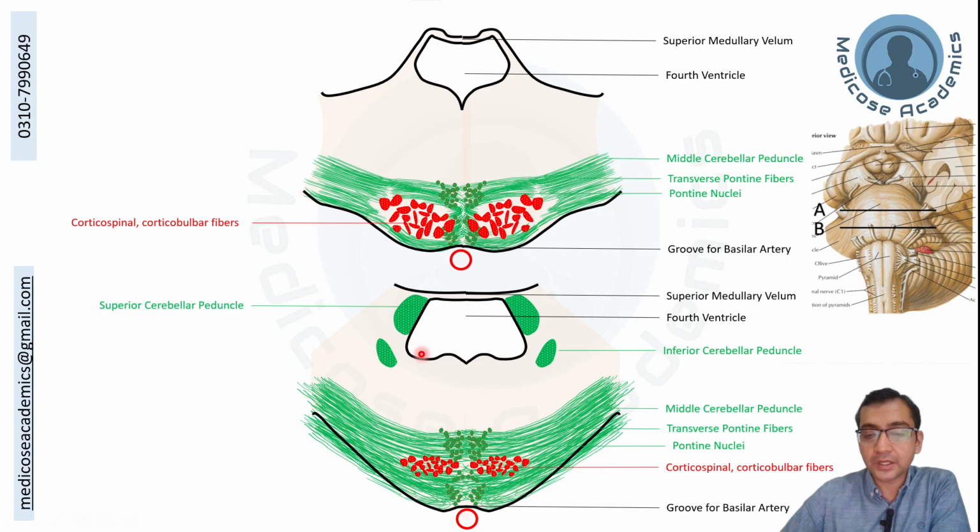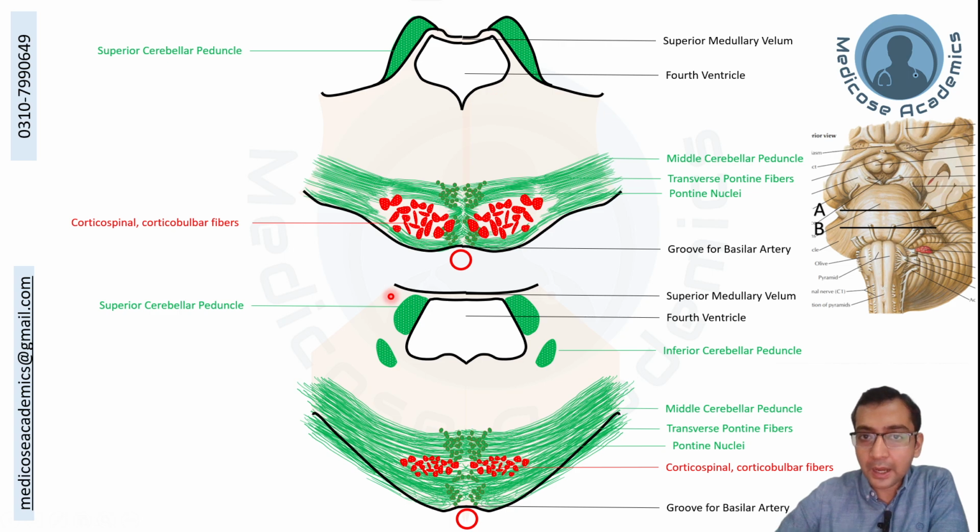So these are the two peduncles. One picture of the pons will contain all three: middle, inferior and superior cerebellar peduncles. In the upper section shown in A, you will only be able to see the superior cerebellar peduncle, and as compared to this picture here, they are a little more prominent. These are superior cerebellar peduncles on the back.